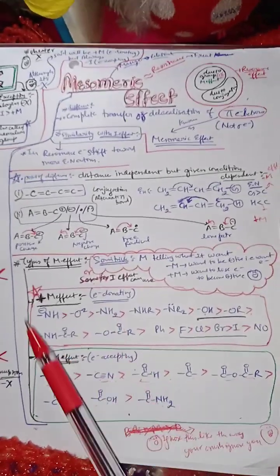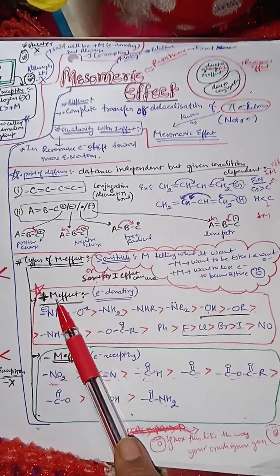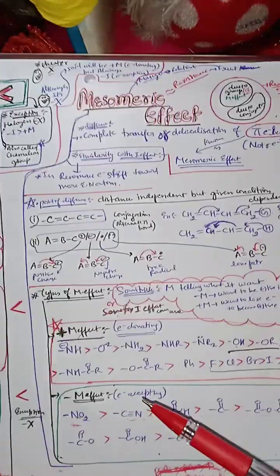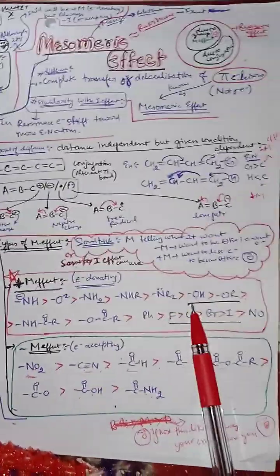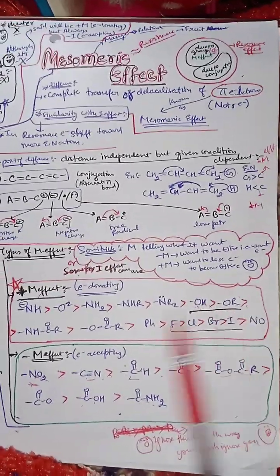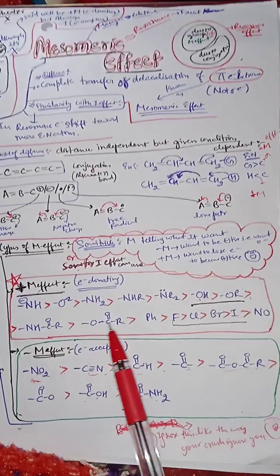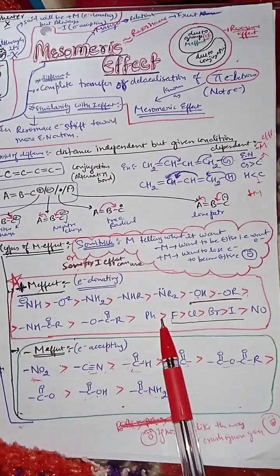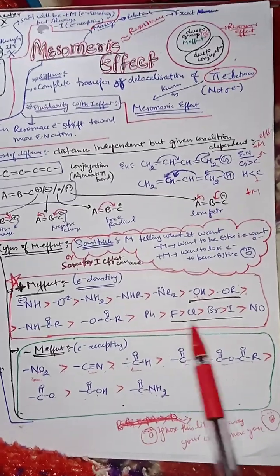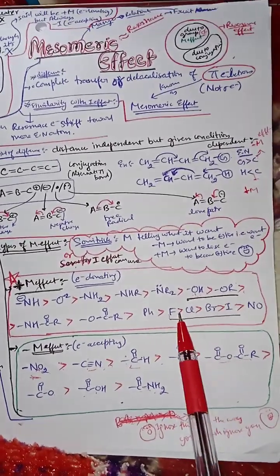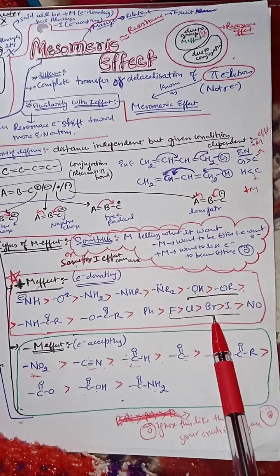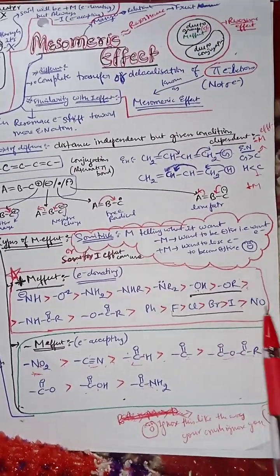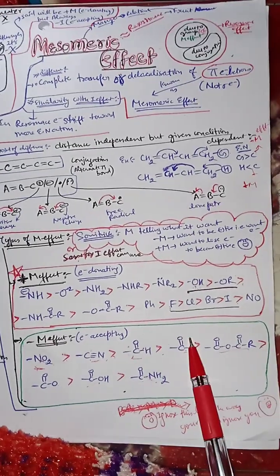One thing you notice is that the groups in plus M effect are seen in minus I effect. So OH more than OR more than NHCOR more than OCOR, more than Ph, meaning phenyl, more than halogens: fluorine more than chlorine more than bromine more than iodine. Okay, that's how you can learn this.